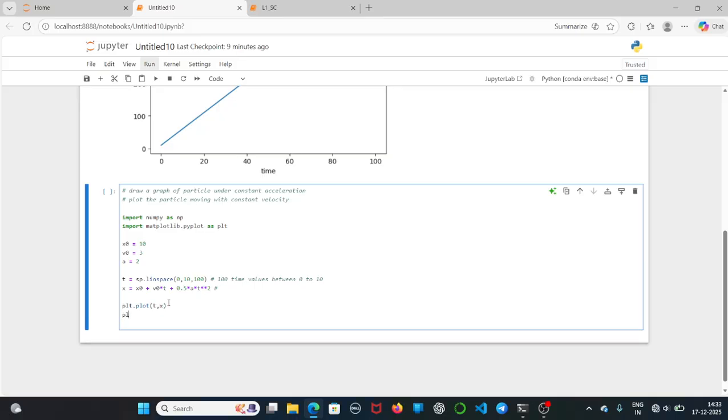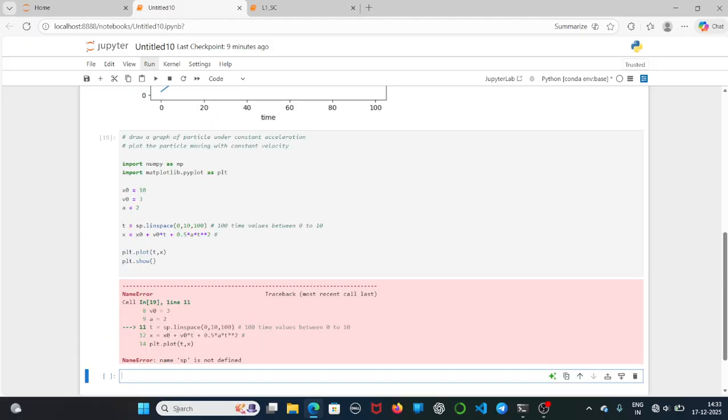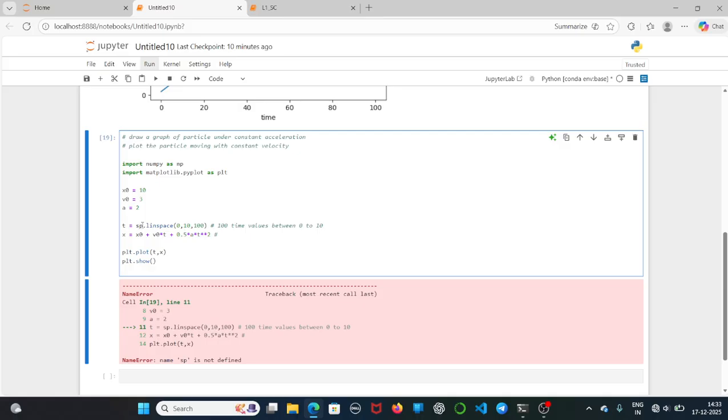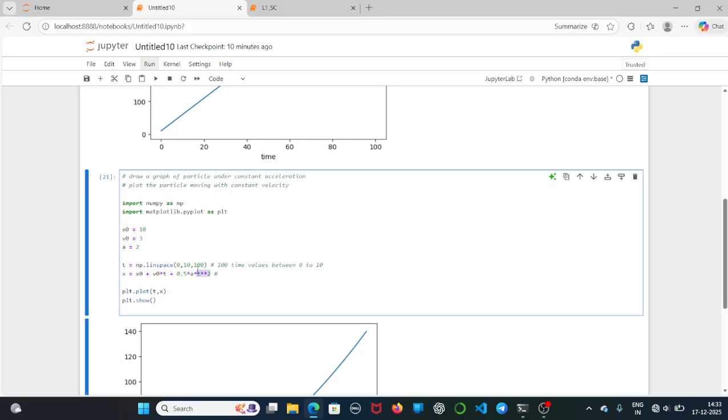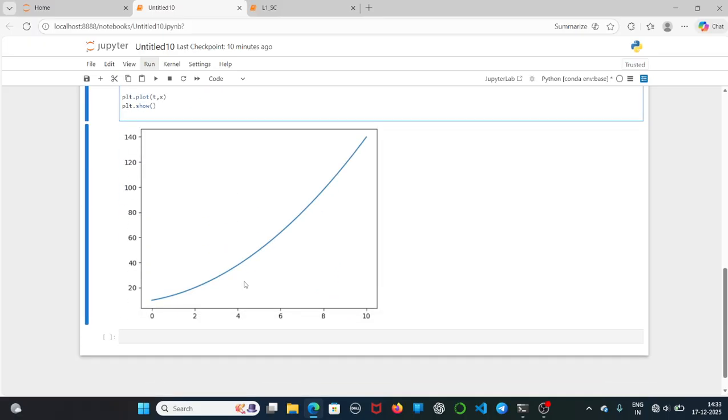And I am going to plt.show, and if I press shift enter, okay, I must write np.linspace. And if I enter, you can see the graph is some type of parabola, because you can see a t squared term over here, so the graph will be a parabola.